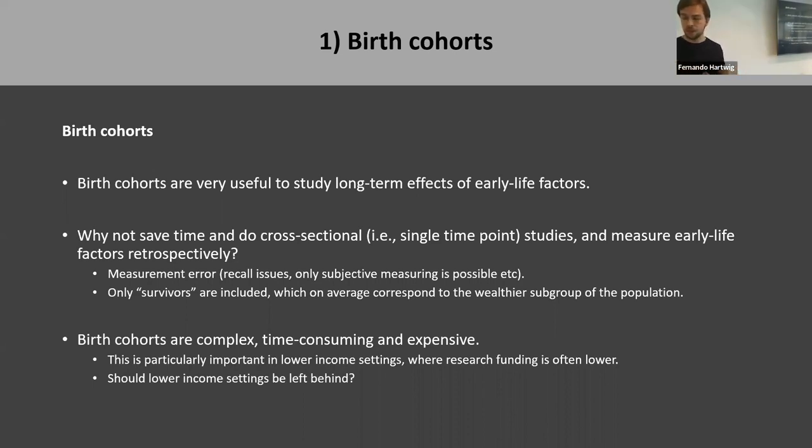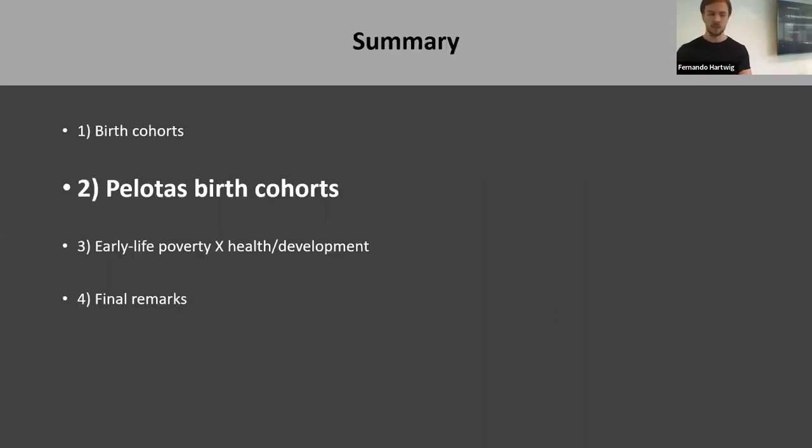So those issues become prohibitive in some situations. But we just discussed that those studies are very useful to study long-term associations. So should we just leave low-income settings behind in this aspect? Because the funding is often lower in those settings. Or should we try to do something about it?